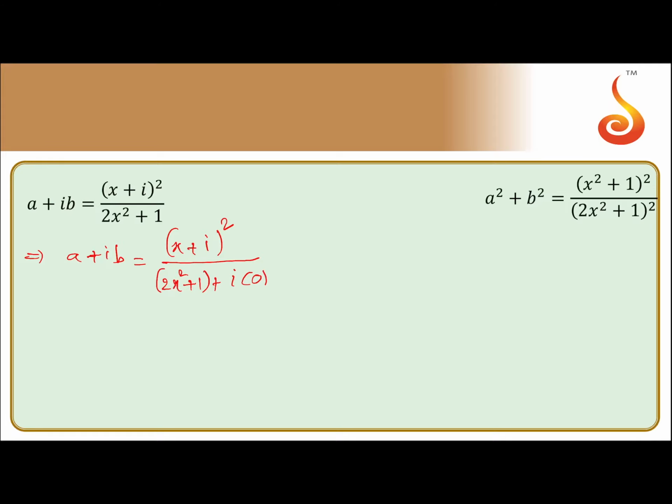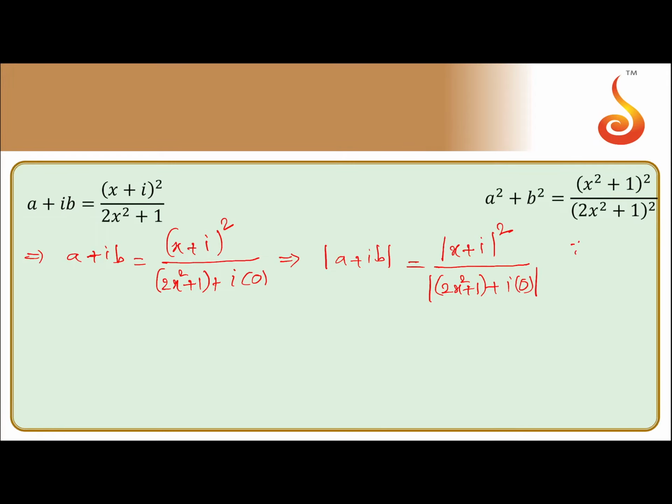Taking modulus on both sides, this can be written as modulus of (a + ib) = numerator modulus of (x + i)² divided by modulus of (2x² + 1) + i·0.